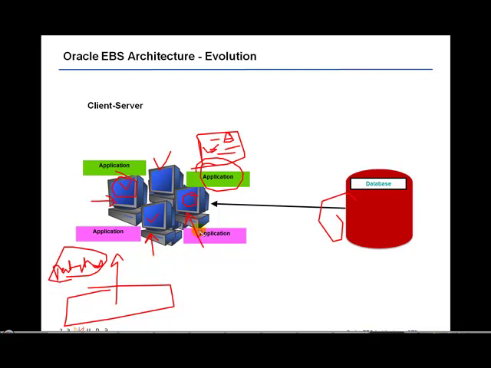Now, what would that mean? If an organization has 4 end users using 4 different desktops, the maintenance people would have to go to each of these desktops and update them individually.